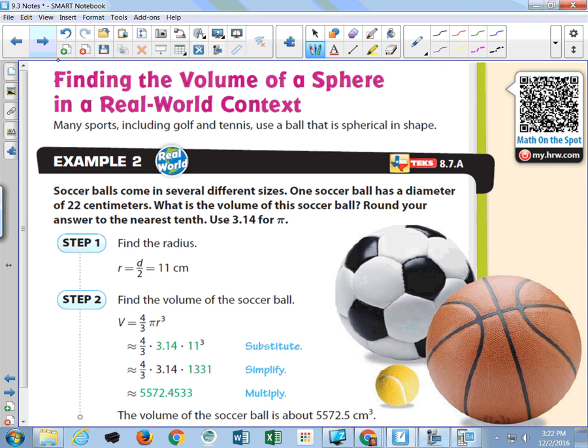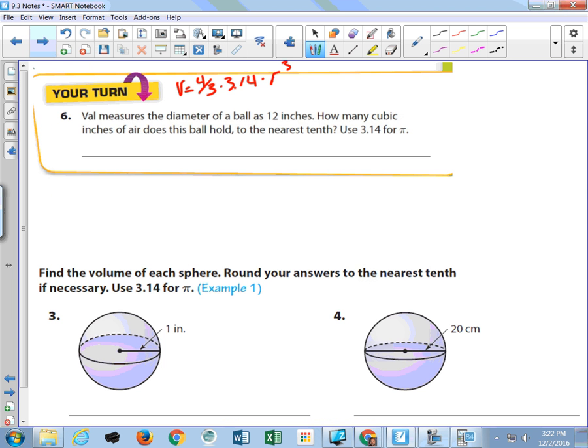Okay, next problem, real world. That just means word problem. Here's our formula there. A ball's diameter measures 12 inches. So V equals 4/3 times 3.14. This is diameter. Radius would be 6 cubed.